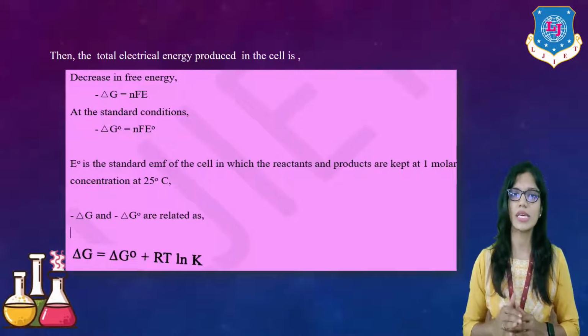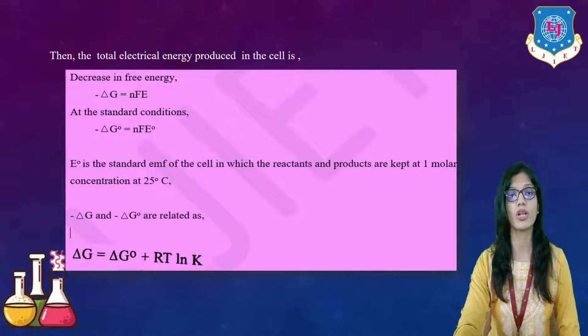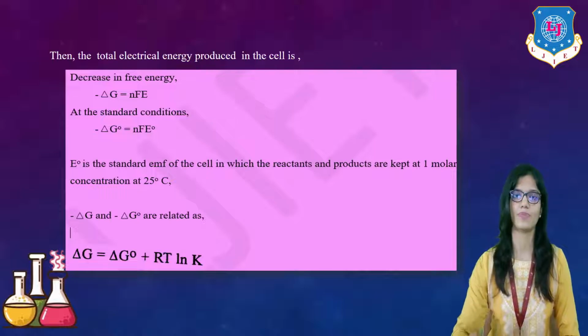Now as you can see in this reaction, T is the temperature at which the electrochemical cell will be operated. R's value is constant, it is already predefined. Then we just have to find delta G for that particular electrochemical cell.